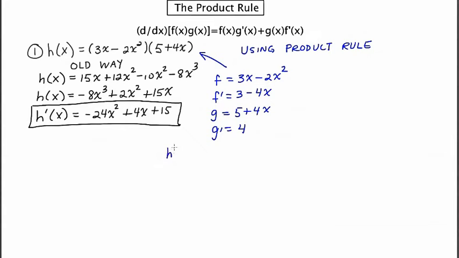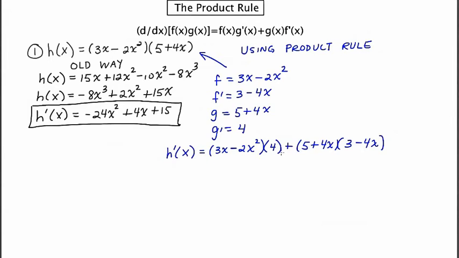Now, again, these are all pieces of the puzzle, and now I'm ready to find the derivative. So this is going to be h prime of x is equal to the first, f of x, or 3x minus 2x squared, times the derivative of the second function plus the second function times the derivative of the first function.